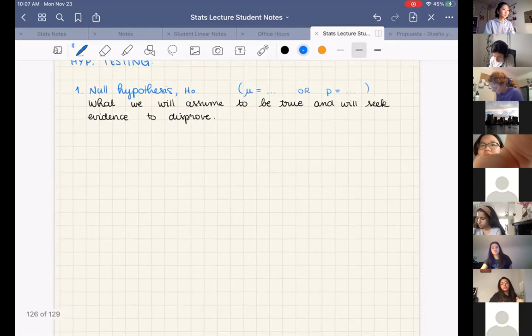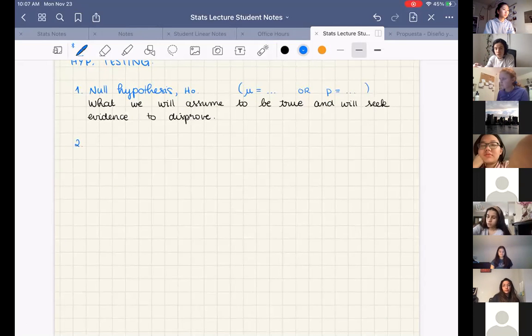Okay, which brings us to the second part of our hypothesis test, which is what we are trying to prove, but essentially what we're trying to give evidence in favor of. Right? So what that means is we're going to try to get from our sample some evidence for some other hypothesis. Okay. And that other hypothesis is called the alternative hypothesis. So this is the alternative hypothesis.